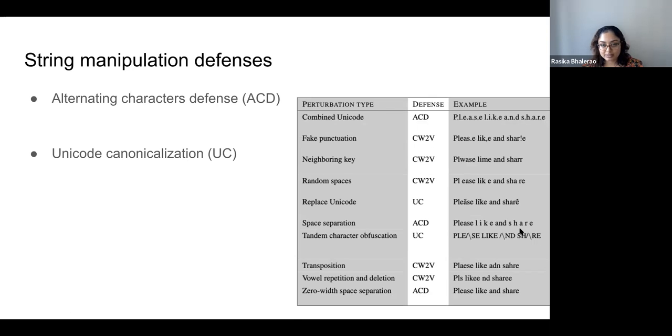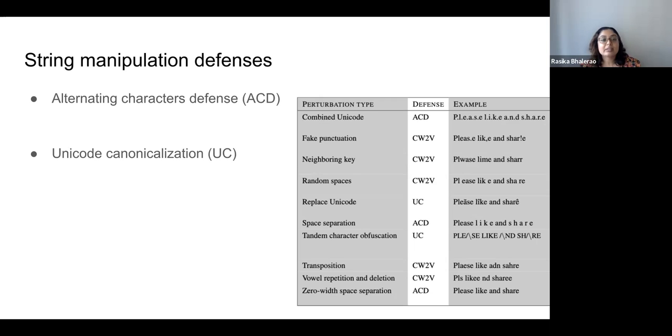Some of these you can see simple string manipulation will work as a defense against. You can see combined Unicode and its variations. We can look for alternating characters in the words and then remove the alternating character.